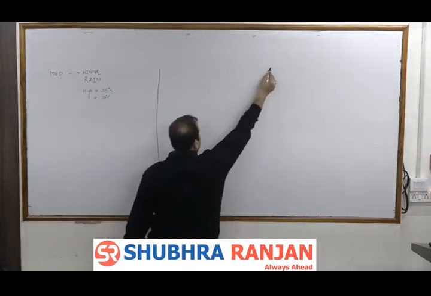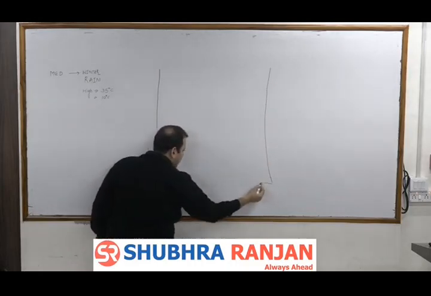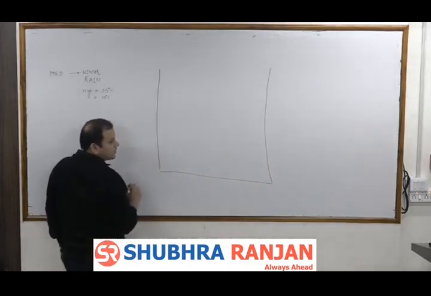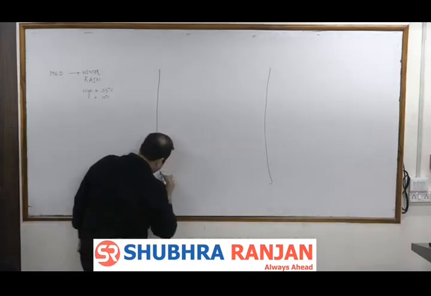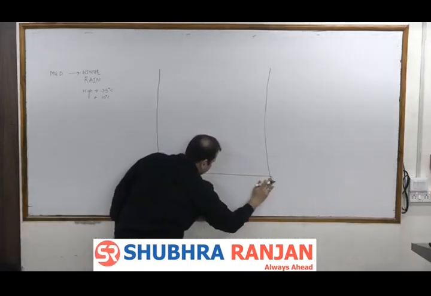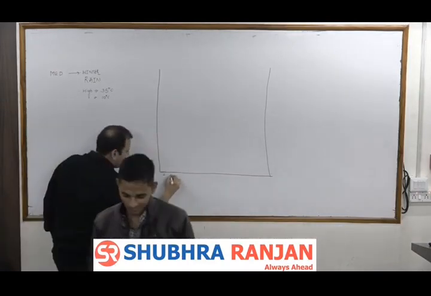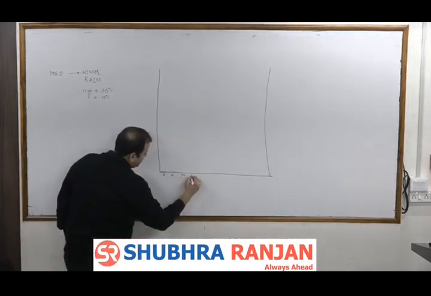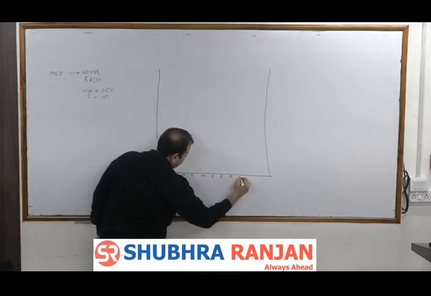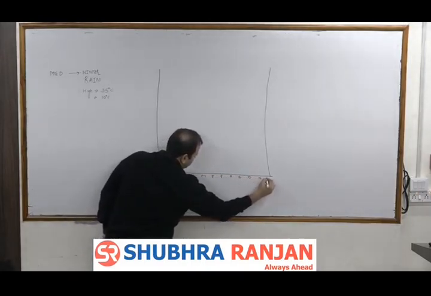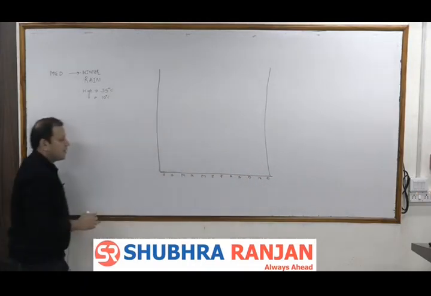So if I want to draw the rain chart of this type of climate, now this is a graph which has months. Jan, Feb, and so on.